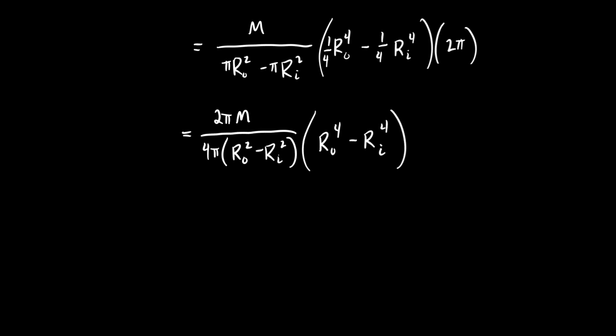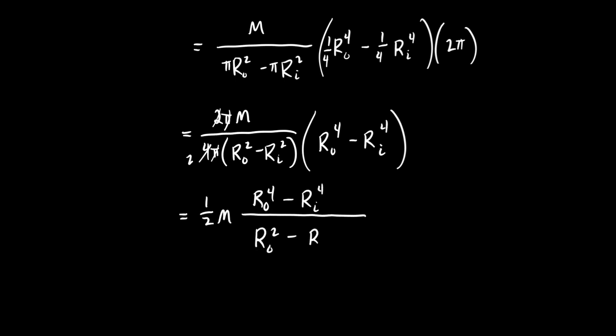All good still? I can reduce the pi and the pi into 2. So that just gives me 1/2 m. And then I have a fraction. R outer to the 4th minus r inner to the 4th divided by r outer squared minus r inner squared.